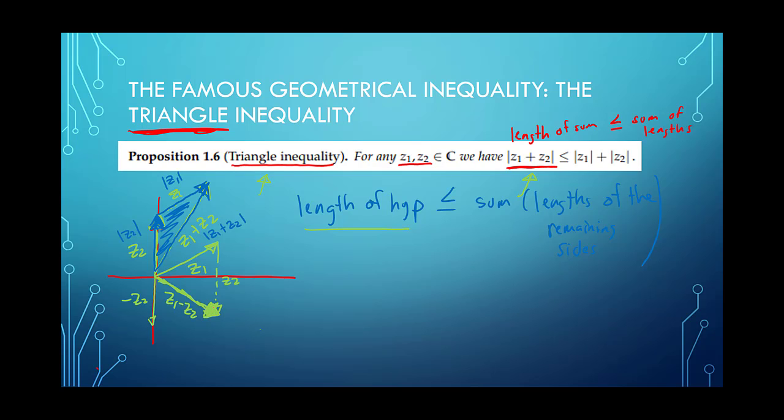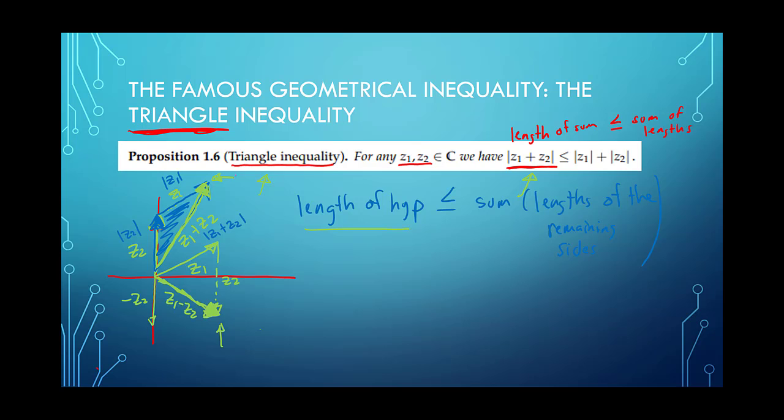Okay, so what I want you guys to do, and this is actually an okay picture with respect to the lengths, but notice that z1 plus z2 here, which I'm going to redraw, is this vector. And we have z1 minus z2 now. I want you guys to think between this vector right here and this vector right here, which one has the biggest length? Okay, so take a second, look at them.